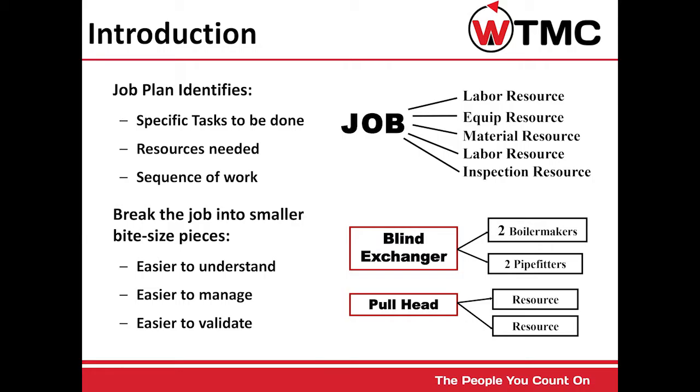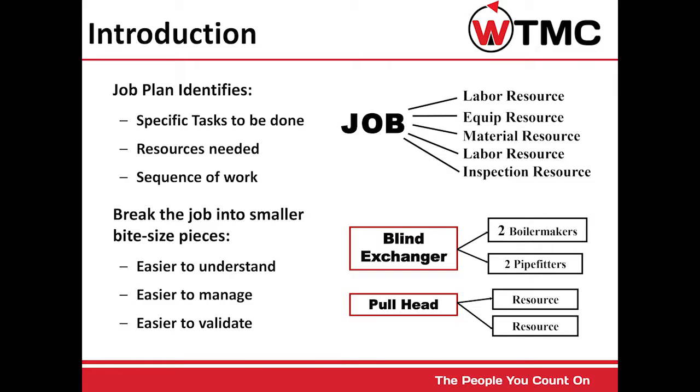The job plan identifies specific tasks to be done, the resources needed, the sequence of the work. The job will include labor resource, equipment resource, material resource, and inspection resource.